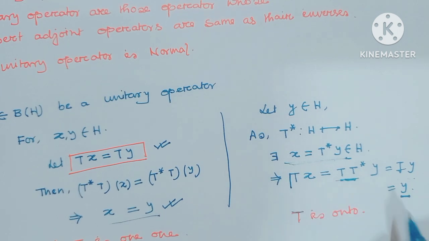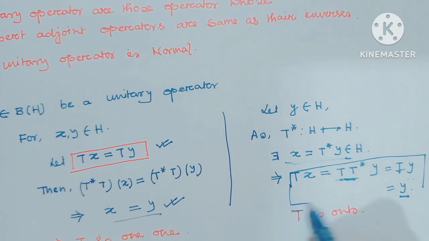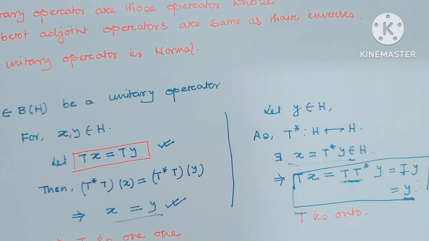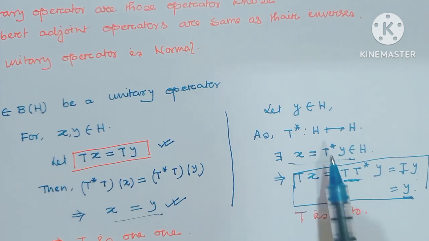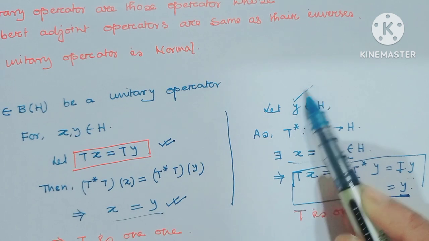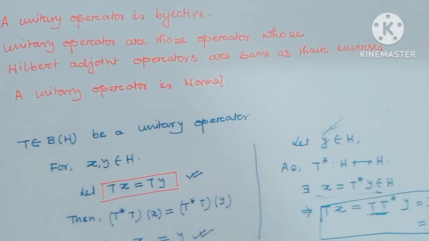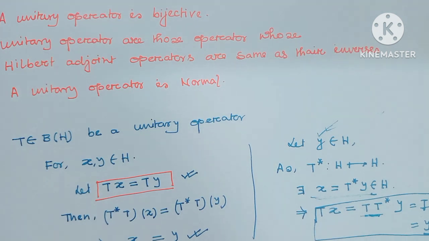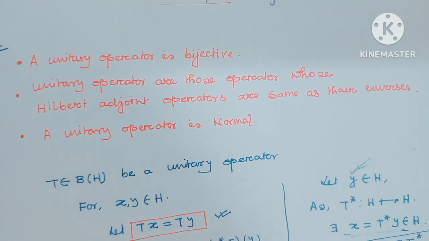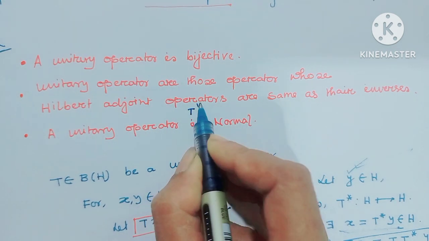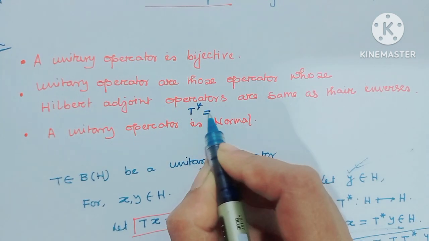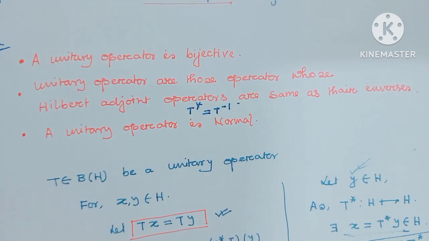Since I have got Tx equal to y, obviously T is onto, because this is true for any arbitrary y. That means for a unitary operator T is always a bijective operator, and unitary operators are those operators whose Hilbert adjoint operator T star is the same as their inverse. That means T star is the same as T inverse.